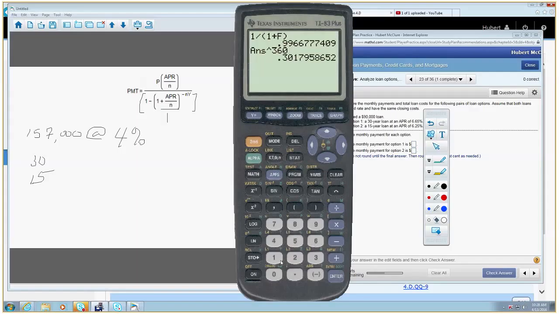And then 1 minus that number, I get 0.698, and I'm going to store that, alpha D. And then let's see if my payment's right, alpha N divided by alpha D equals, nope, I must be wrong. I must have borrowed more than that, or been financed more than that.